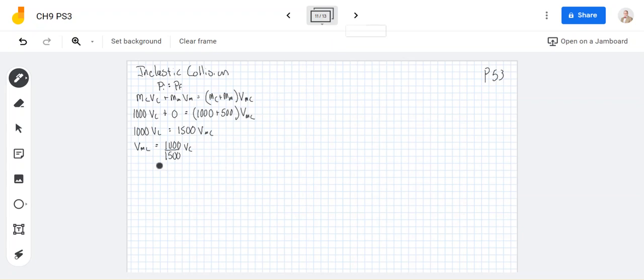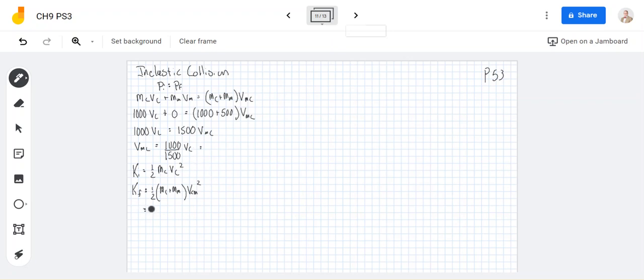All right, so now here's the question. Basically it's asking what about the energy? So if you want to know the initial kinetic energy, it's 1/2. The car was the only thing moving initially. So mass of the car, speed of the car squared. That's the initial kinetic energy. The final kinetic energy is 1/2 the mass of the car plus the mass of the moose times the velocity the car and moose move together squared. Now let's substitute in here because I want to compare this one to this one.